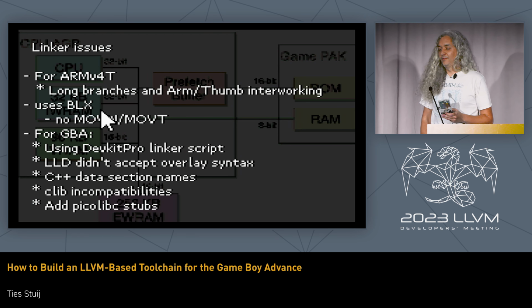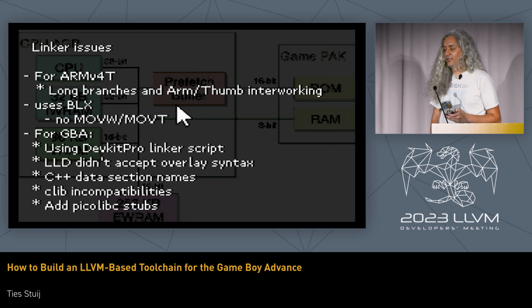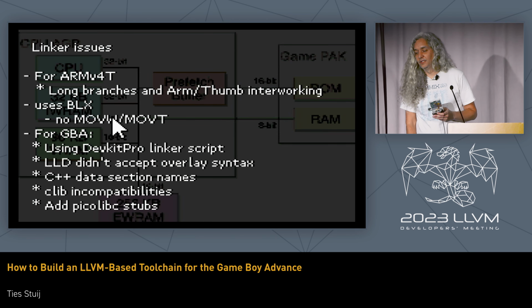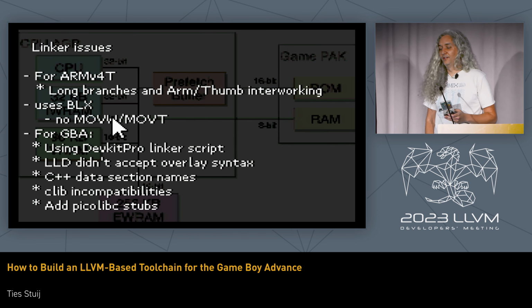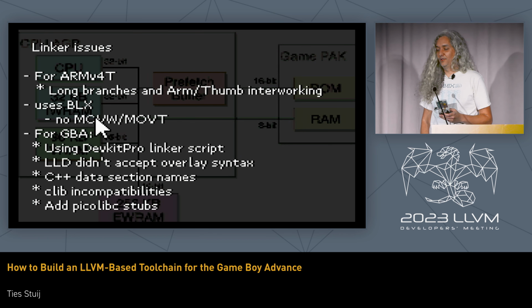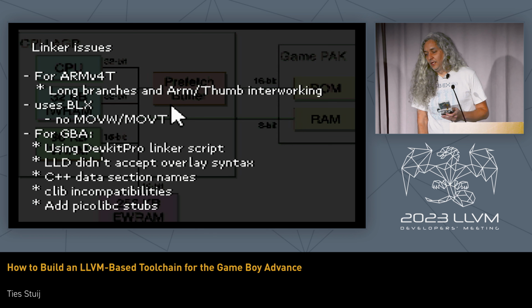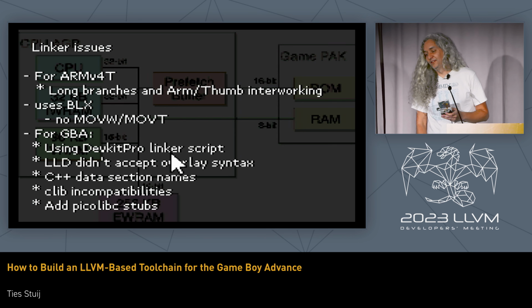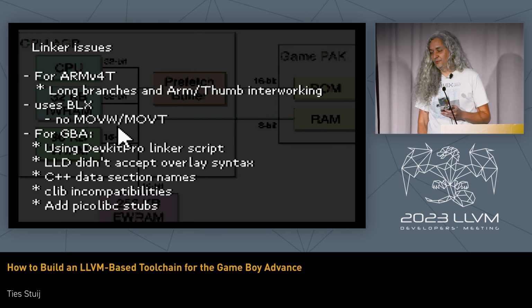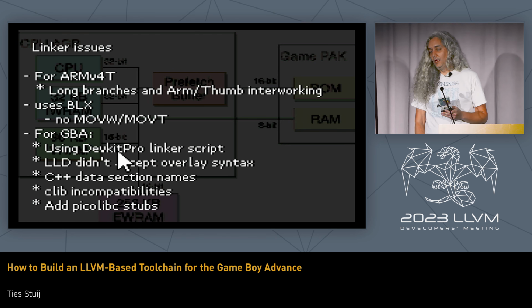And it doesn't have MOVW and MOVT for instantiation of variables, for instance. So I needed to write some thunks or veneers, however you want to call it. But it's pretty easy work in the end.